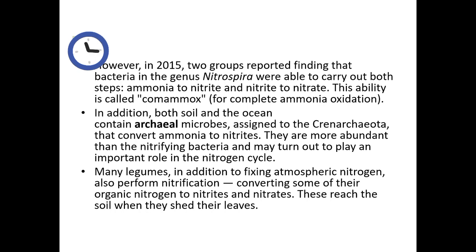However, two groups reported from the genus Nitrospira were able to carry out both the steps, that is, the conversion of ammonia to nitrite and from nitrite to nitrate. Both the steps can be done by this kind of bacteria, and they are also known as COMAMOX, or complete ammonia oxidation.